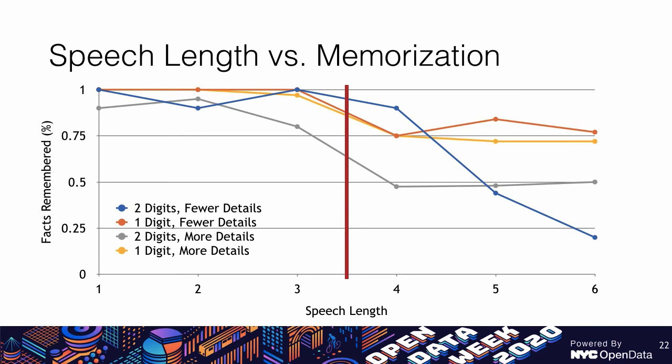So all of those things influence how the users can recall speech output, but still, for more than 3 facts, it's becoming difficult. So we have to be very selective about which facts we want to select for a speech output. And we need some kind of model which tells us what the optimal speech sounds like.